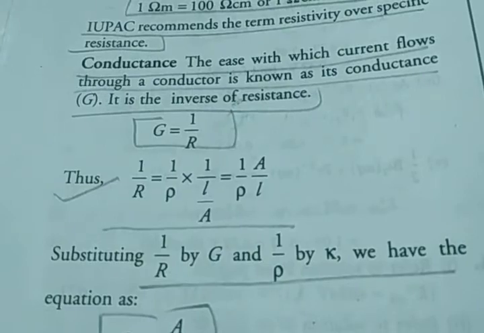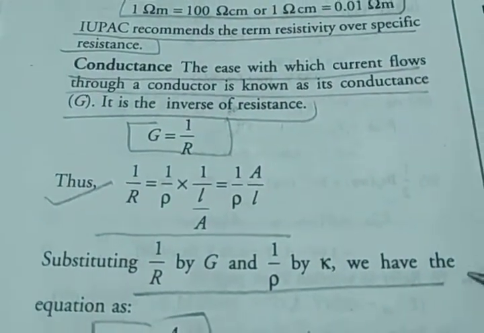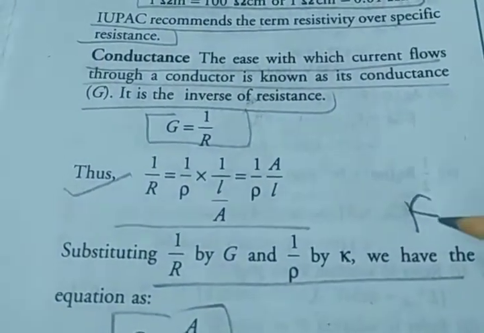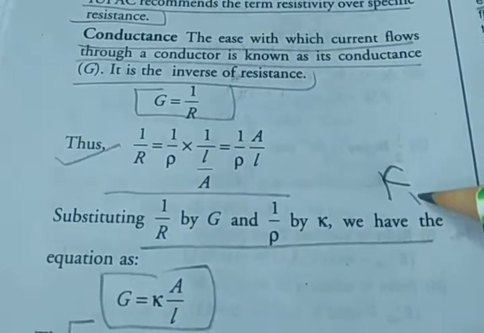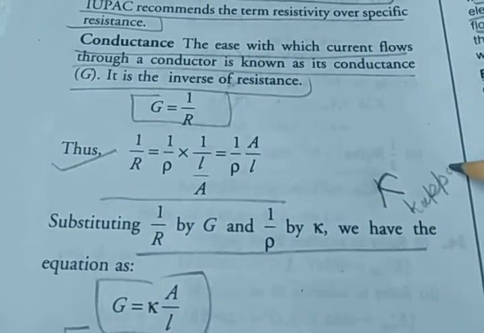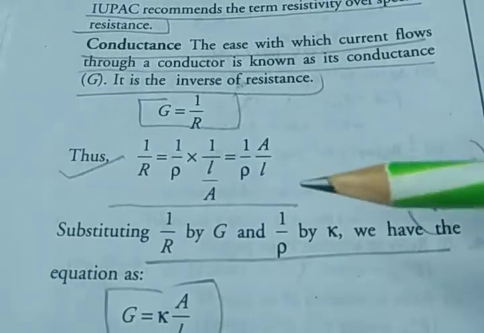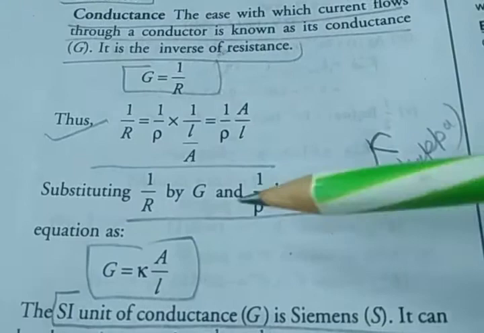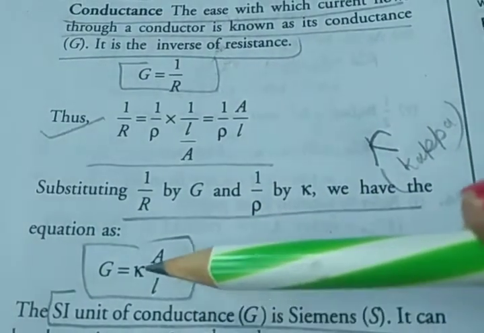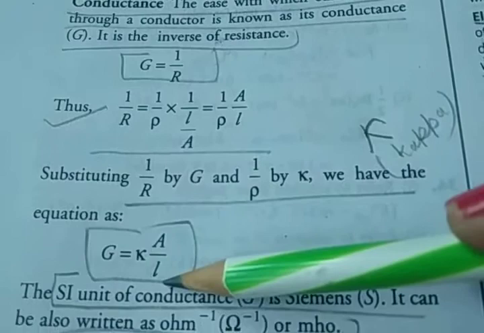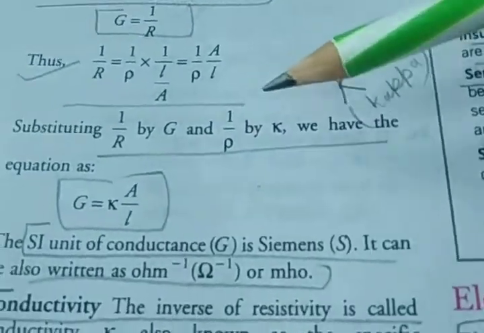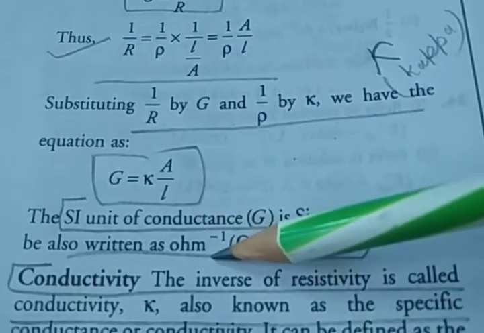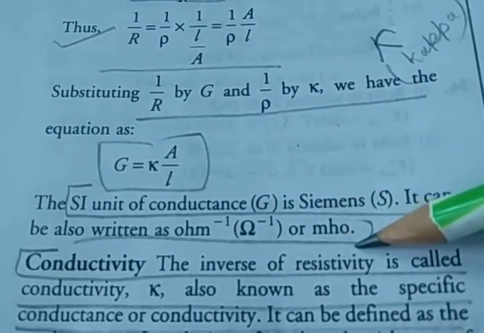Here, 1 upon R is G, the conductance, and 1 upon rho is kappa, written this way, small kappa. So we have the equation capital G is equal to kappa A upon L. The SI unit of conductance G is Siemens, capital S, and it can also be written as ohm inverse or mho.